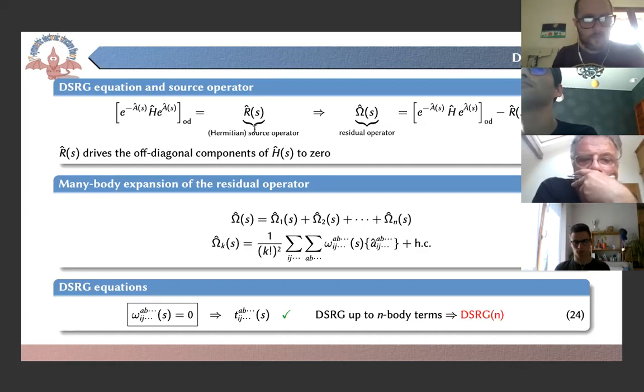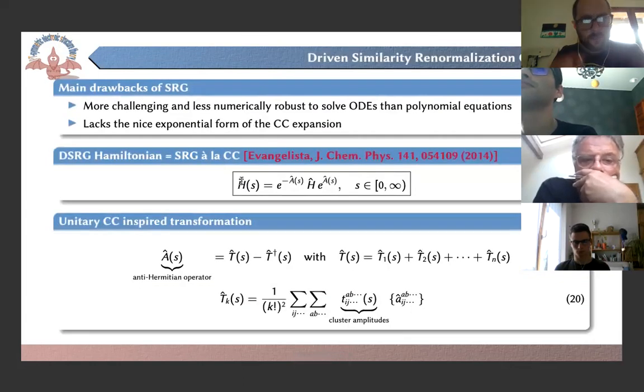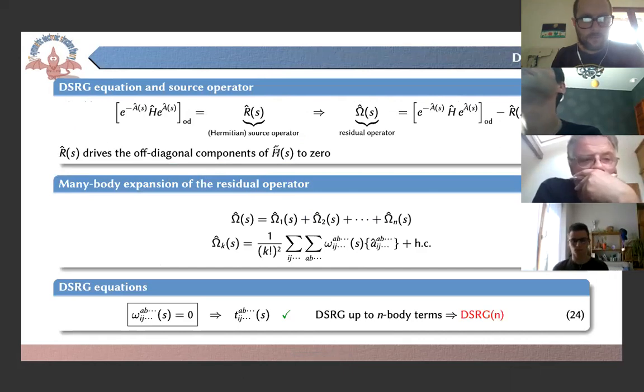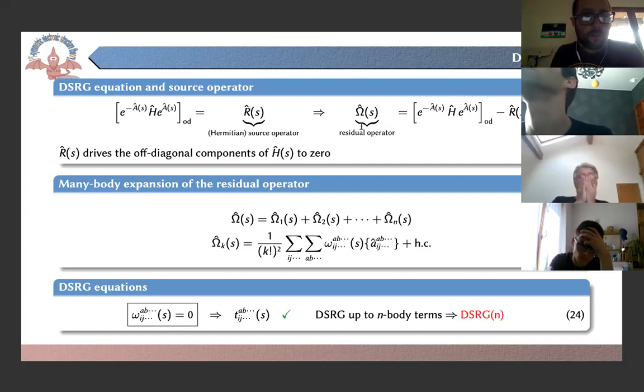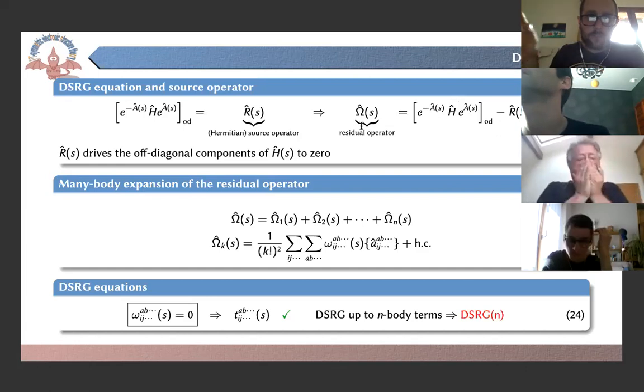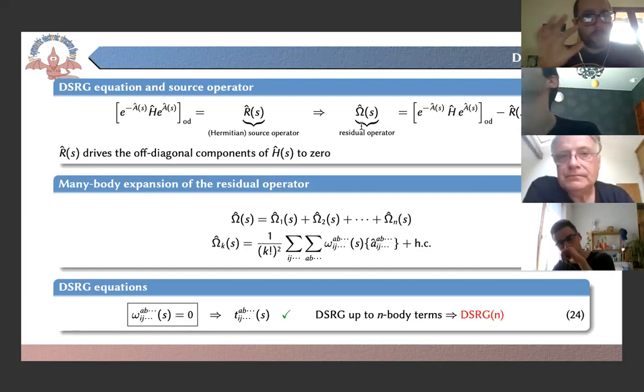Here you see that I'm using a bar; before I was using a hat, and now I'm using a bar to make sure we are at the DSRG level. By the way, here it should be a bar. As we know, the condition we need to make sure our calculation is converged is that this minus this must be equal to a residual, which should be equal to 0 at convergence. That's the same idea as in coupled cluster: you want to find a set of equations to set to 0, so that you find the different components as zeros of polynomials.